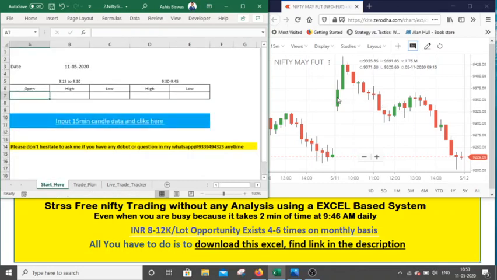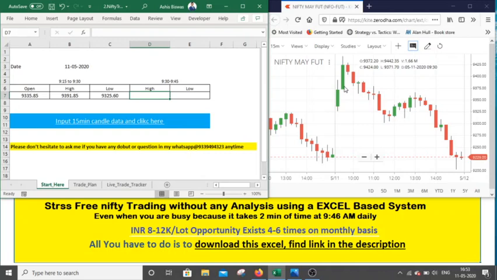Open is 9335.85, and the high of the first candle is 9391.85, and the low of the first candle is 9325.60.